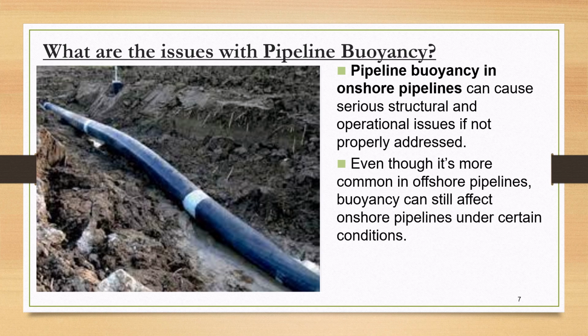Misalignment can cause valve or equipment malfunctions, increasing maintenance costs. The next is economic and safety consequences. Repairs due to buoyancy related issues are costly and disruptive. Floating pipelines can damage surrounding infrastructure and pose environmental hazards if their contents leak.